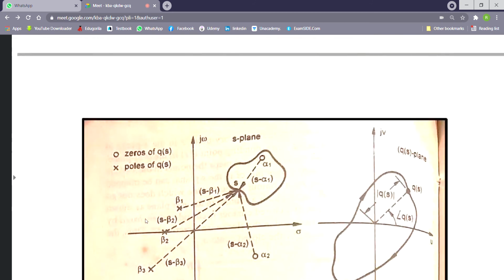If we assume these are the locations of the zeros and poles of Q(S) on the S plane, then it's clear that one single zero of Q(S) is being enclosed by this S plane contour.